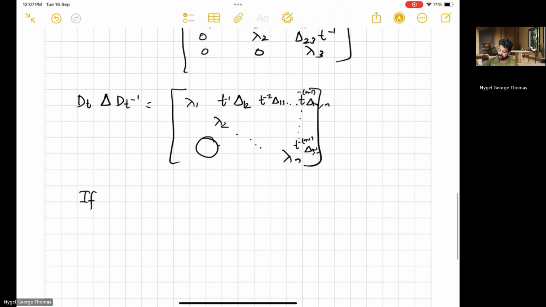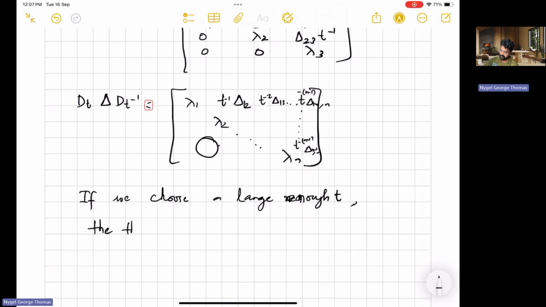If we choose a large enough t, then the sum of absolute values of all upper triangular terms can be made arbitrarily small, less than epsilon.